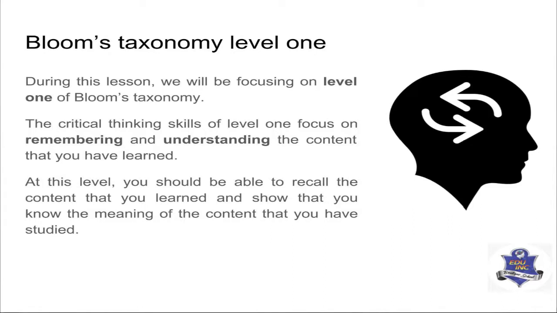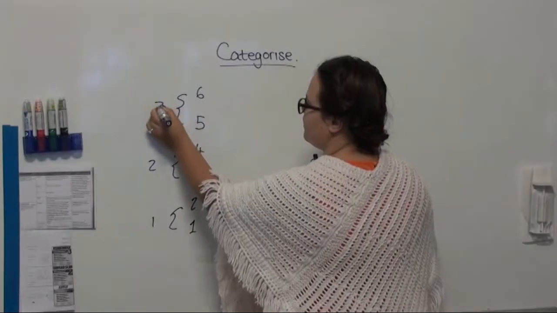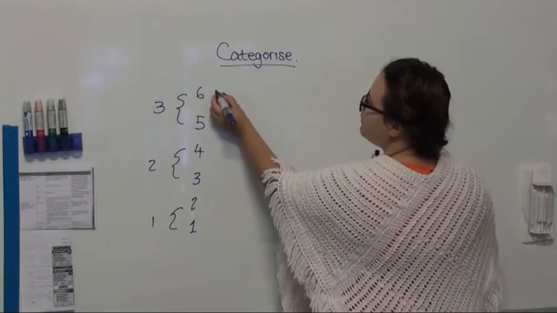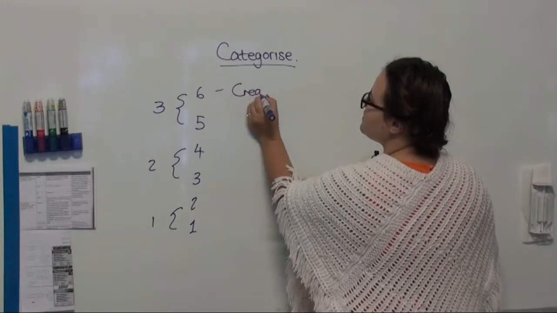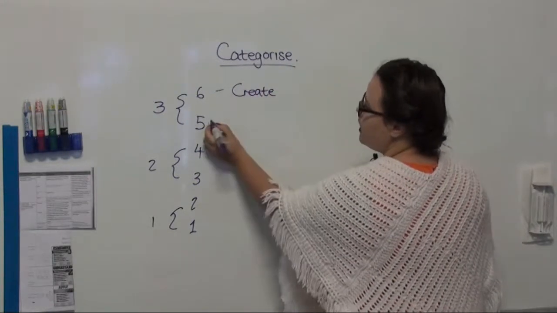Okay, so according to Bloom's taxonomy, the categorization that we have would be, as we already mentioned, 6 different levels. For simplification, we do it like this. The top level would be where you create something new.